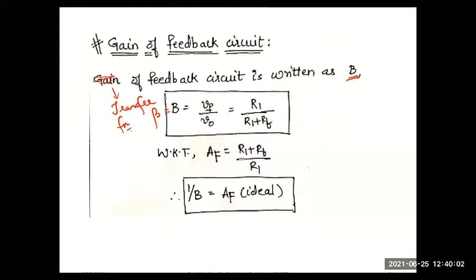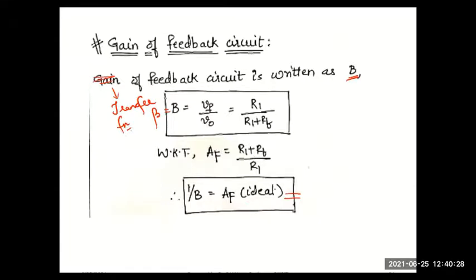And this AF value is what? 1 by B. So ideally speaking, we got the AF value as R1 plus Rf by R1. So you can clearly compare AF and B. AF is 1 by B for a non-inverting amplifier.